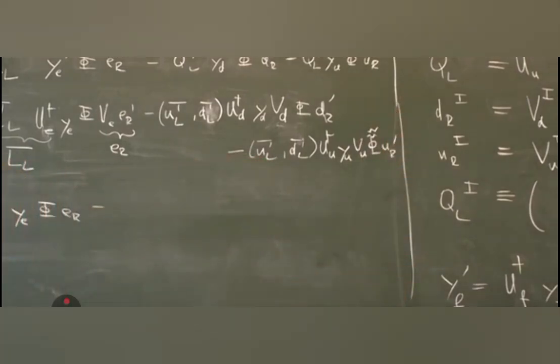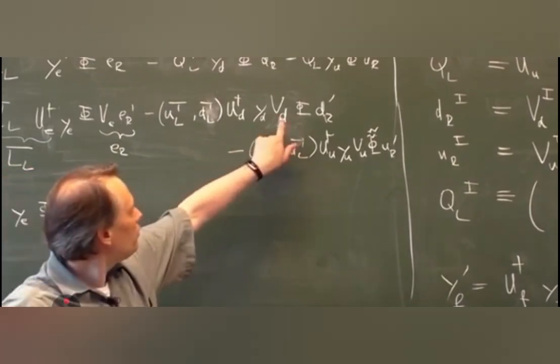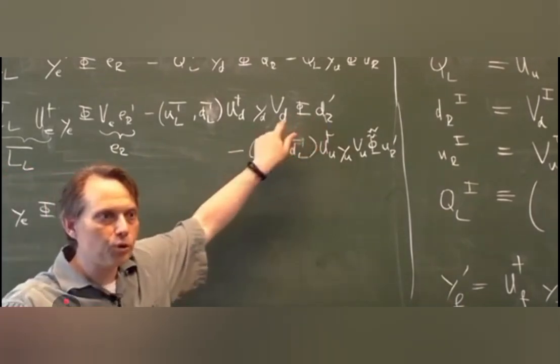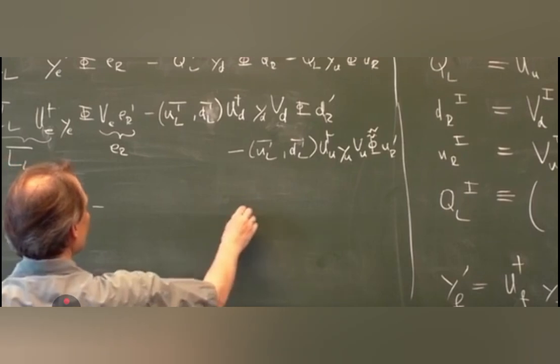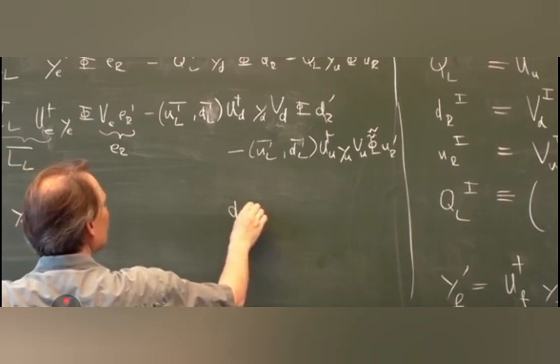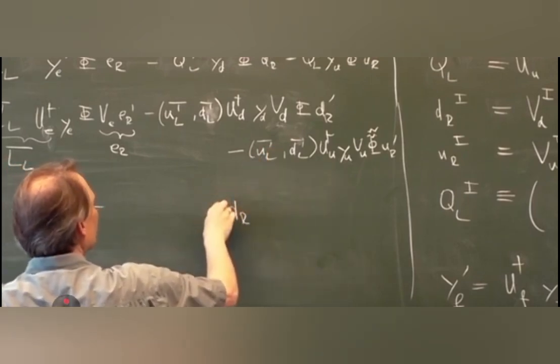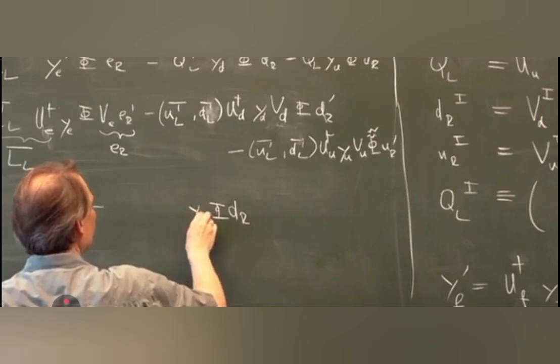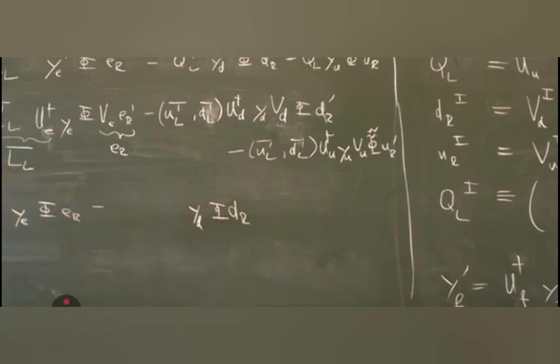Okay, there is light at the end of the tunnel. Here V_D times d_R' gives d_R without prime, so d_R without prime times phi times the diagonal down-type Yukawa matrix.